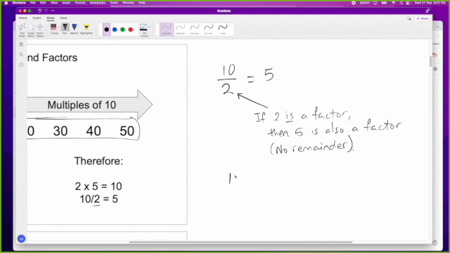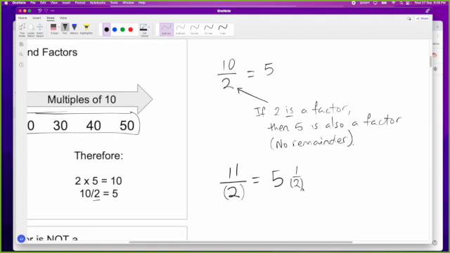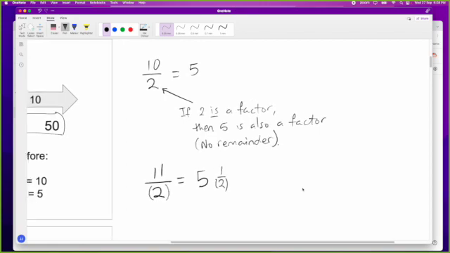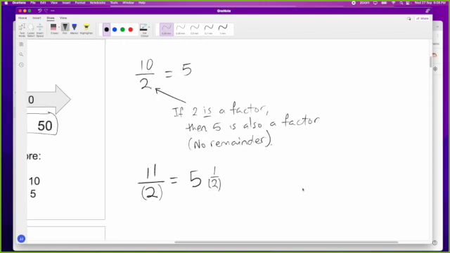But if I had 11 divided by 2, what will I get? I'll get 5, right? 5 2s are 10, and I'll have 1 remainder. And I put that 1 remainder over the divisor, the thing that I was dividing by, right? It might seem elementary, but this is exactly what we're going to be doing today.